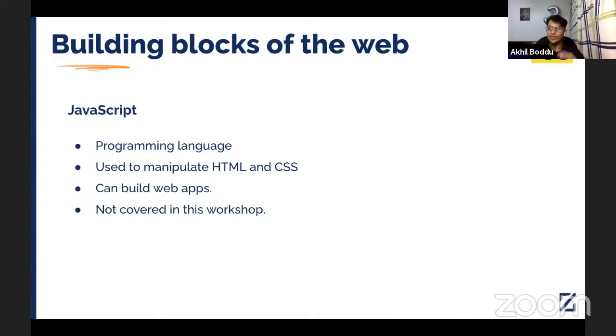So that's essentially how JavaScript comes into the mix. And we can build a lot of web applications with JavaScript. So I'm sure most of you might have heard of frameworks like React.js or Node.js. These are really popular frameworks. You know, the number one UI library in the world right now is React.js, built by Facebook, and it's all based off of JavaScript, right? Everything starts off with JavaScript.